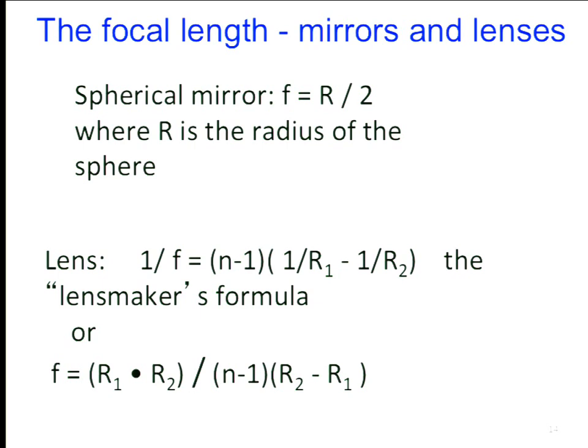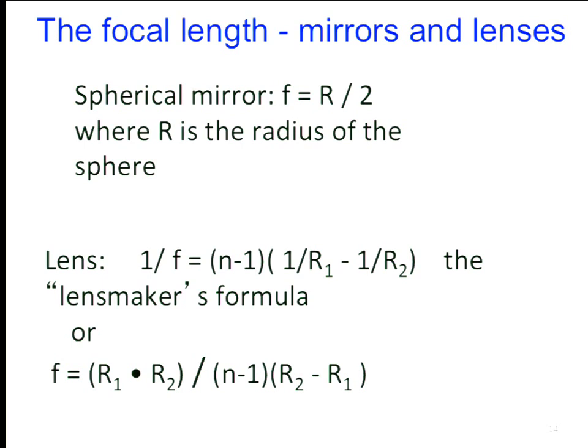And there are two different formulas, which actually turn out to be rather similar to each other, for the focal length of a lens. It's given by this. Again, there are some tricky points here. The only tricky point, though, is that these have signs.